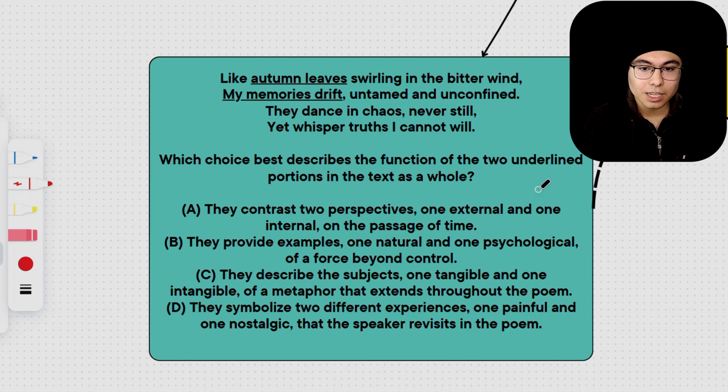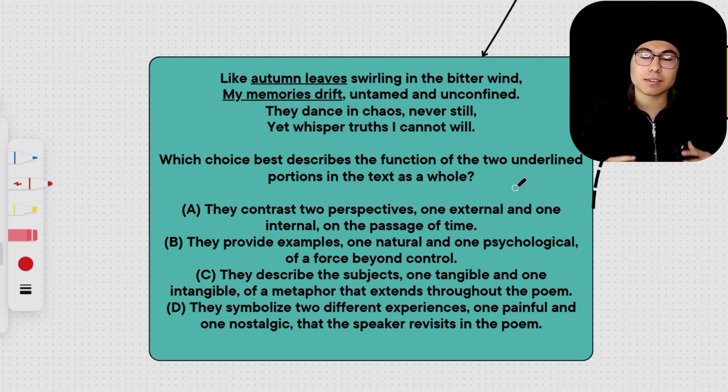Which choice best describes the function of the 2 underlined portions in the text as a whole? As you can see, you have a short 4-line poem and a multiple choice question which asks us about the function of those 2 underlined portions. The first one is autumn and leaves, and the second one is my memories drift.